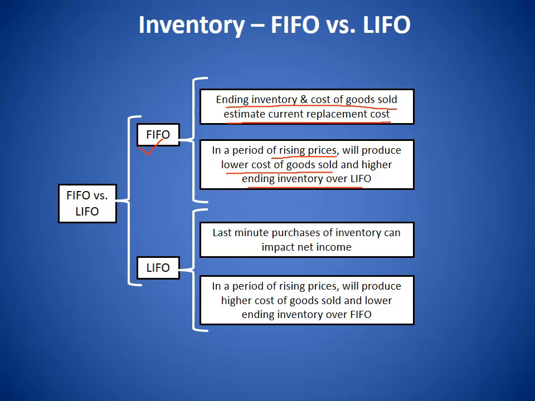The reason is that in a period of rising prices, which our economy is based upon, with some element of inflation, we want to produce the highest cost of goods sold because that reduces our tax bill.